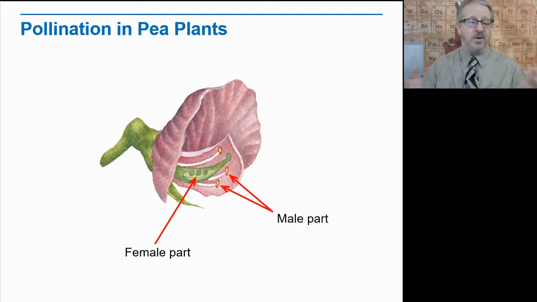So you would end up with the same characteristics. You wouldn't have any difference in the DNA because it's all the same plant. But if you were to cross two different strains, the way that he did, you're going to end up with some changes in the DNA. There's going to be a new combination of DNA.